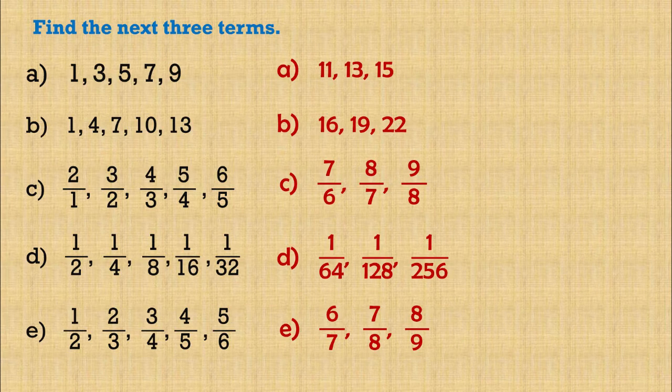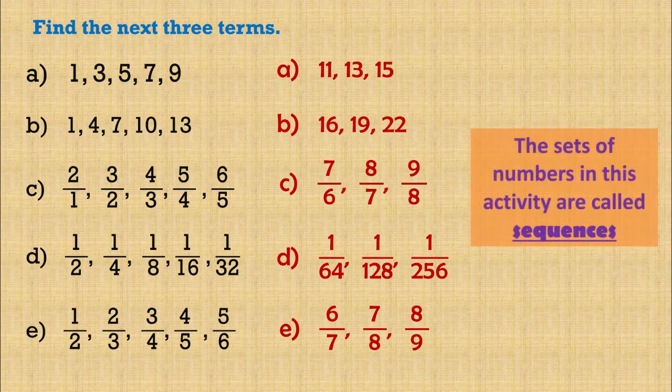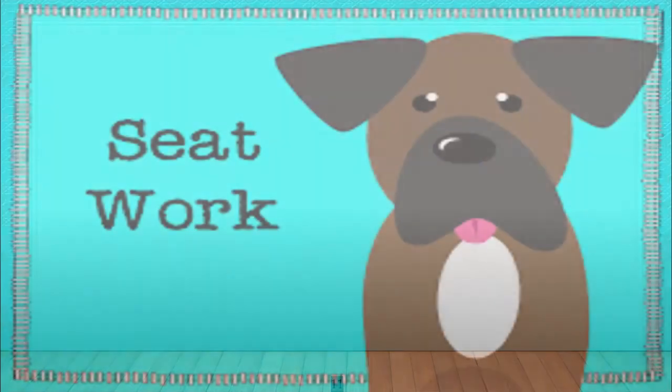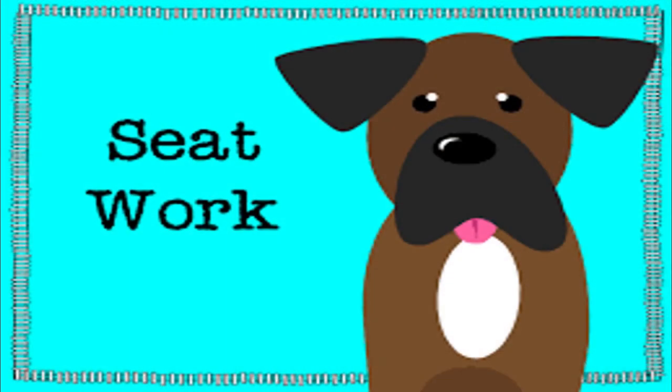Now, how did you find those succeeding terms? Now, the sets of numbers in this activity are called sequences. Okay, so now I'd like you to answer activity 1.3.